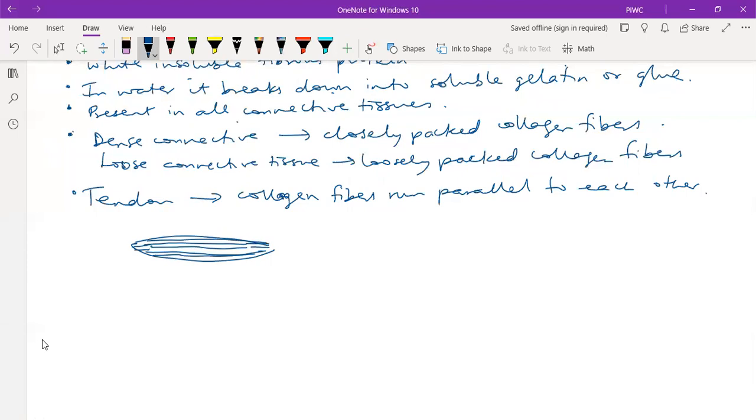Now, collagen fibers have very high tensile strength. So they're very strong. When you stretch them, it's difficult to break them apart.